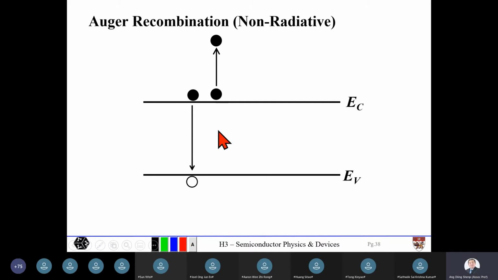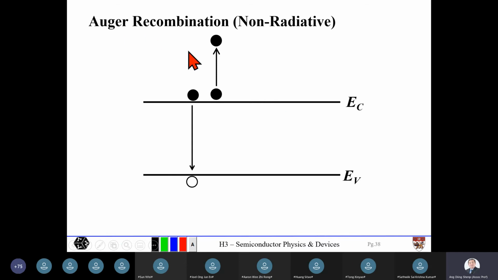Even if this is a direct recombination event, no light is emitted, because the excess energy is transferred to the second electron, which eventually thermalizes, losing the excess energy through heat, through interaction with the phonon.